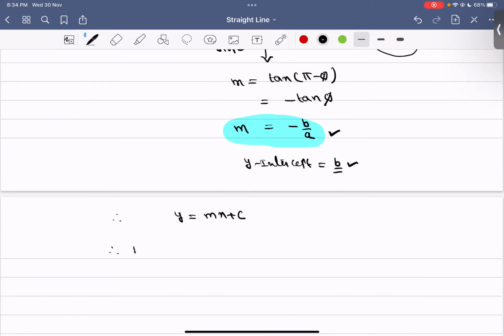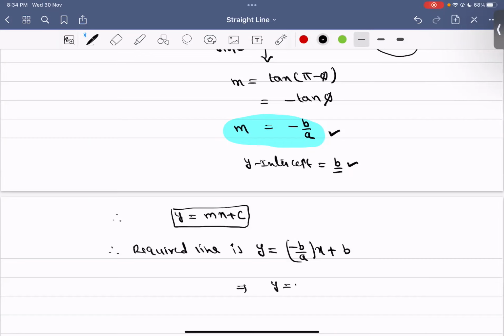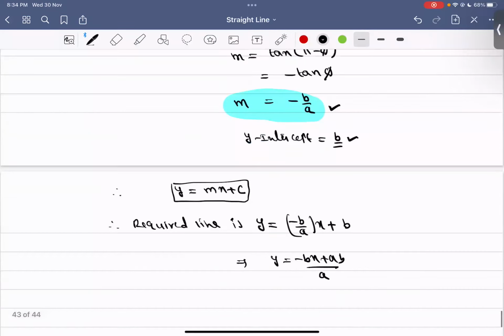Therefore the required line is y is equal to mx plus c, with m as minus b by a and the placement b. Now this is y is equal to minus bx by a plus b, that is, y is equal to (minus bx plus ab) by a.